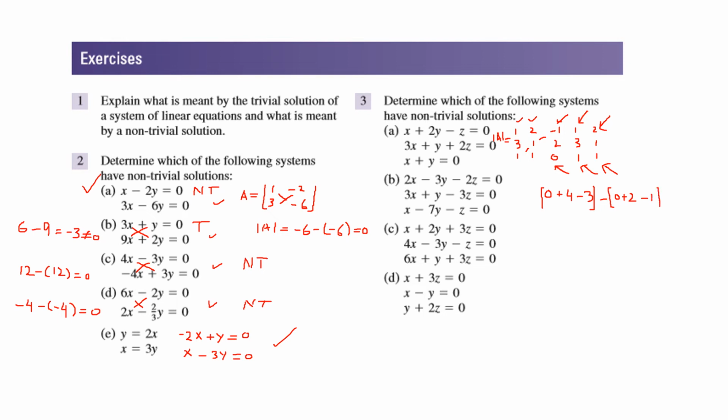It comes 1, and this is plus 1, so minus 1 equals 0. The determinant is 0, so 0 means it has non-trivial solutions. We are not going for solutions, it was just to know whether it has a trivial solution or non-trivial solution.